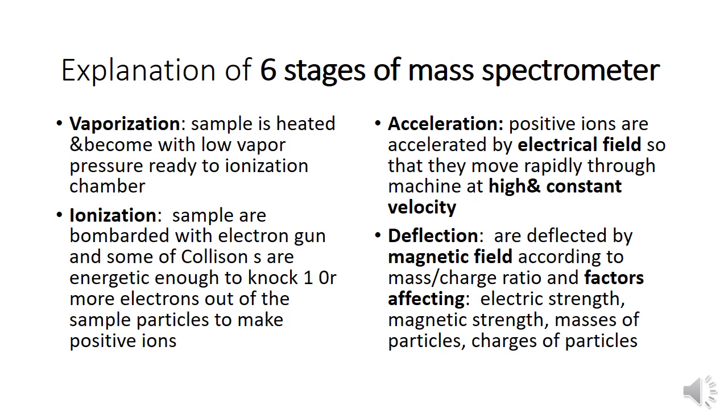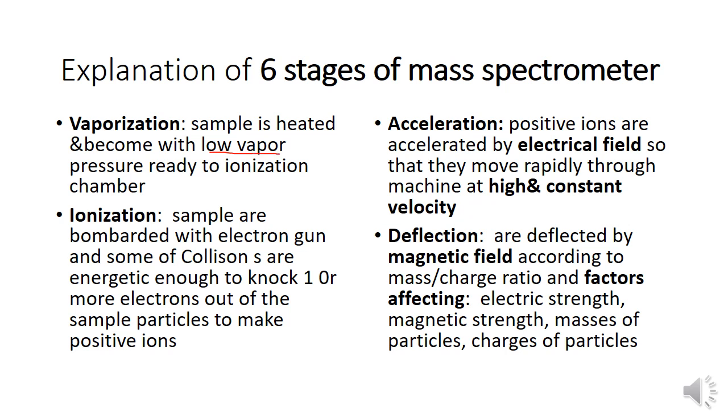Also, in detail, we are going to explain clearly all stages of the mass spectrometer. The chamber one is vaporization. The sample is heated and becomes lower vapor pressure, ready to go in the ionization chamber. First of all, the sample is heated. After heating, they have a lower pressure.